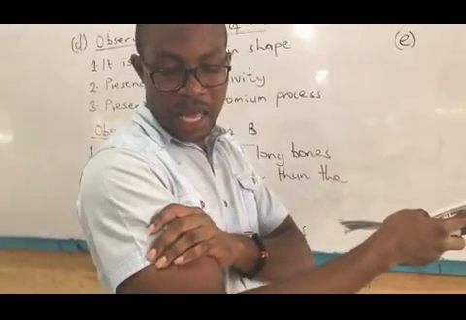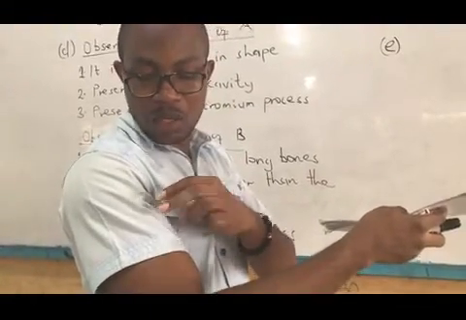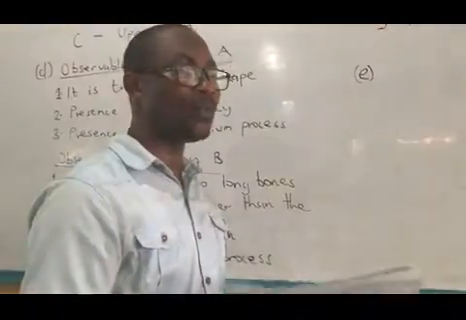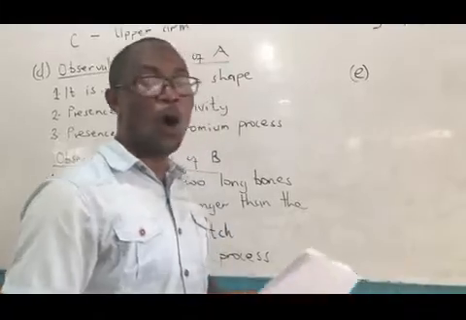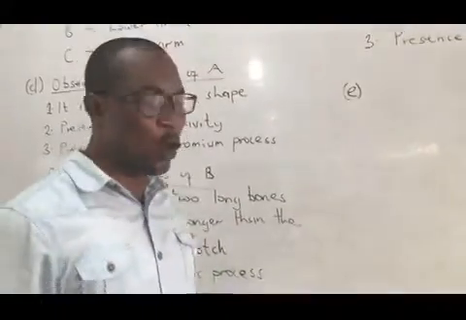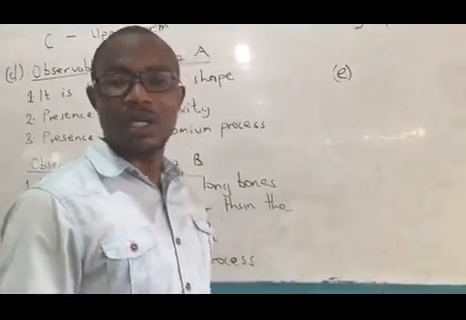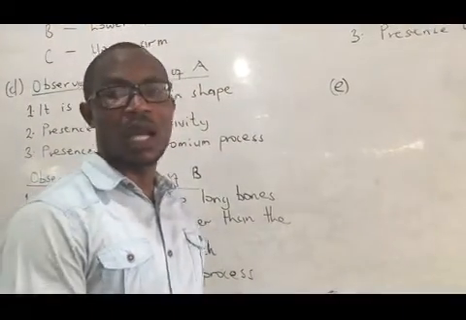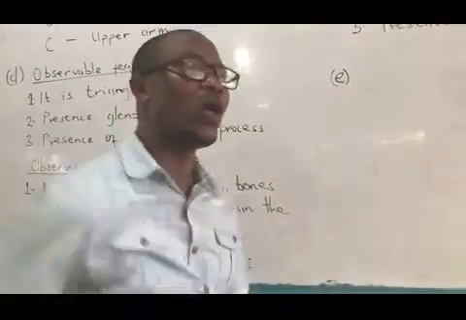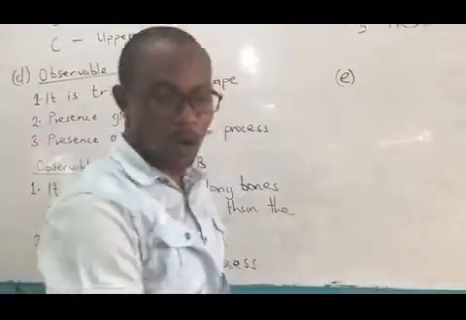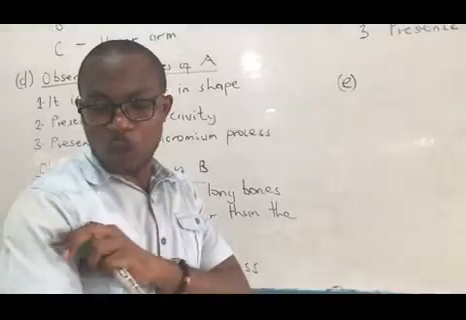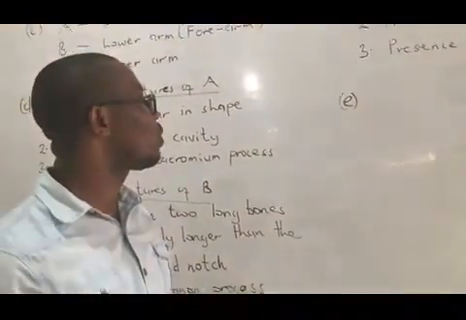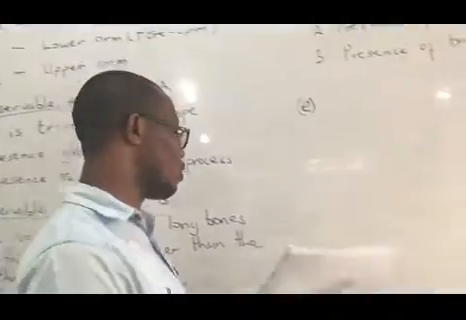That is the joint formed between the humerus and the scapula, and we call it the ball and socket joint. That is what permits circular movement. So you can rotate your arm in a circle because of the joint between the humerus and the scapula.